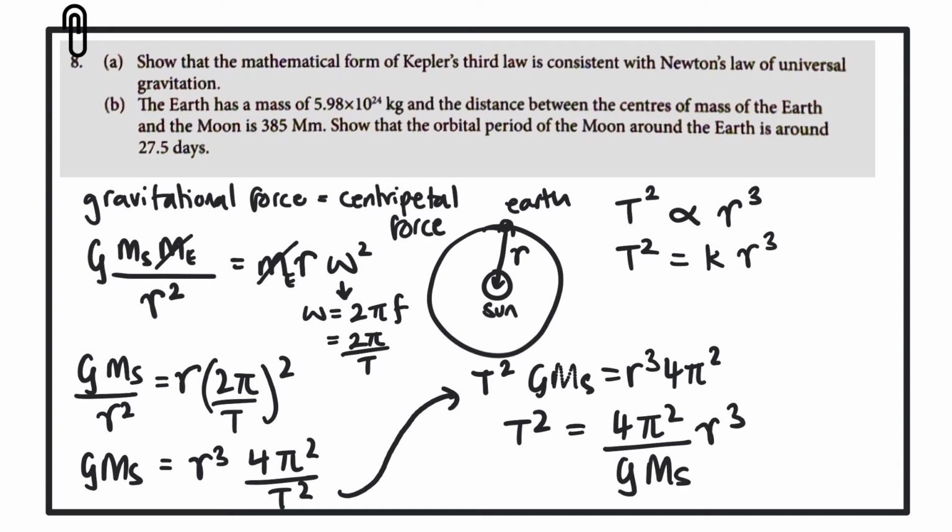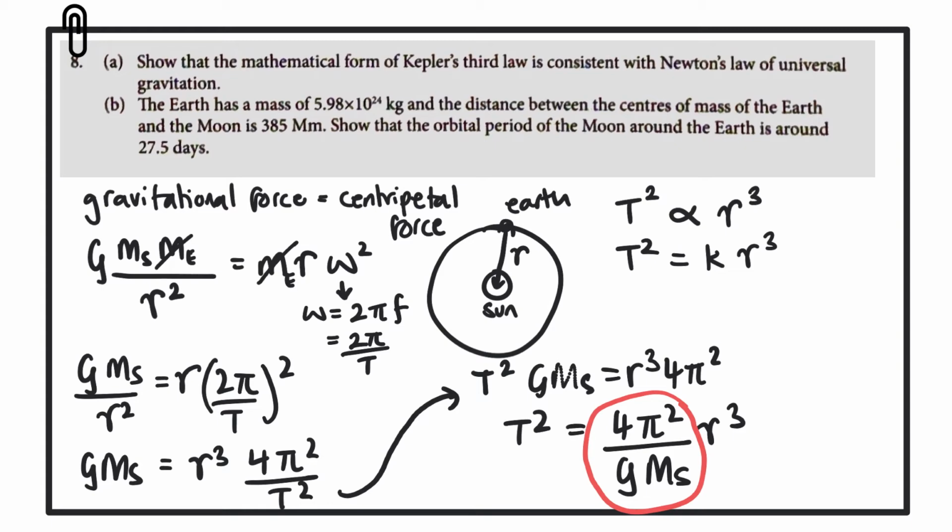So if we look a little bit closer at what we have here in the middle, we have 4, which is a number, so it's constant. We have pi, which again is just a number and is also constant. We have G, which is the universal gravitational constant. And then we have Ms, which is the mass of the sun, which for these equations is approximately constant.